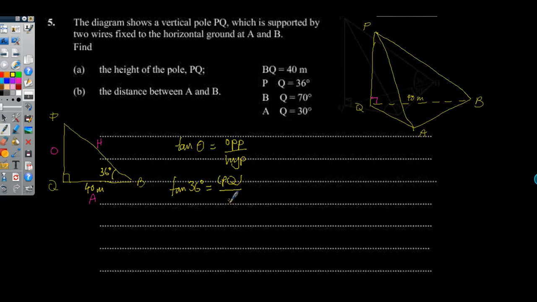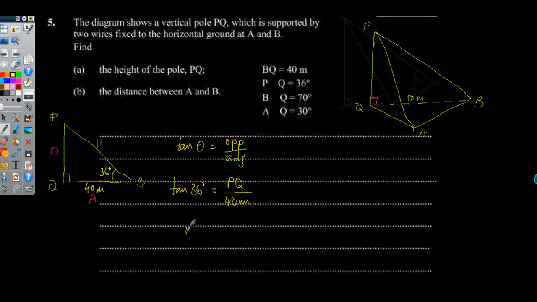And the hypotenuse is 40 meters, not the hypotenuse, rubbish. What am I saying? Tan is, of course, not opposite over hypotenuse, but opposite over adjacent. So I'm doing that again, tan 36 degrees. The opposite is PQ, and the adjacent is 40 meters.